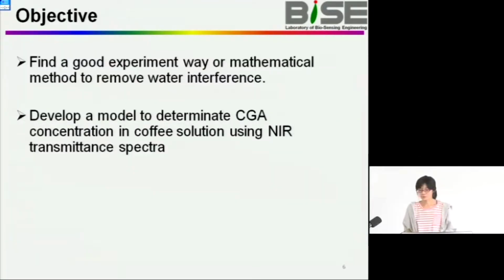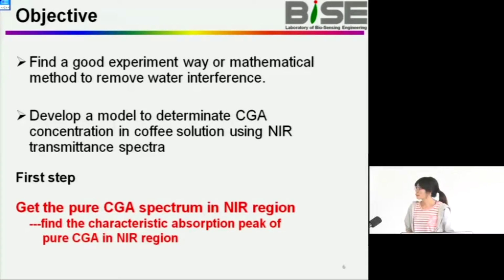So the objective of my research is to find a good experimental way or mathematical method to remove the water interference, and also develop a model to determine CGA concentration in coffee solution using NIR transmittance spectrum.